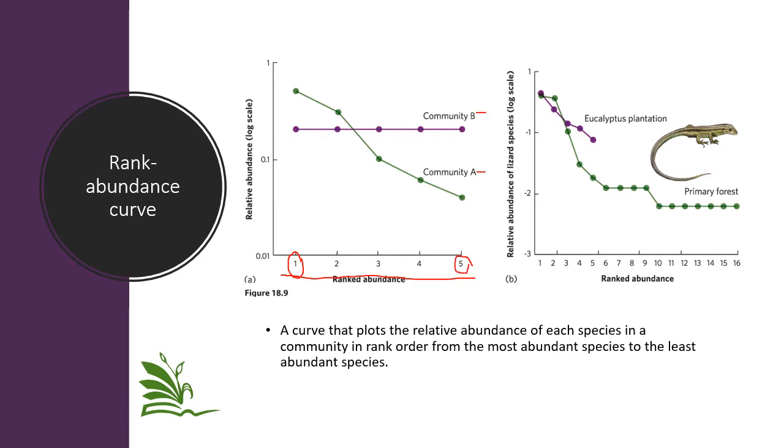We're looking at this wacky little type of lizard. And you can see that in community A, this lizard is the most abundant.